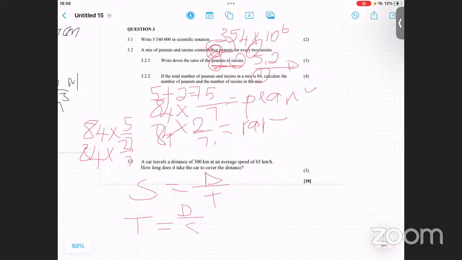Distance divided by speed. We have the distance, 300 kilometers, and the speed, 65 kilometers per hour. So you're going to have 300 divided by 65, and let's see what the answer is going to be.